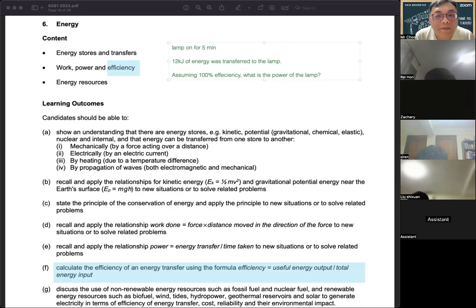Zachary, I'm talking about what is the power of the lamp? Why do you give me the unit in joules?